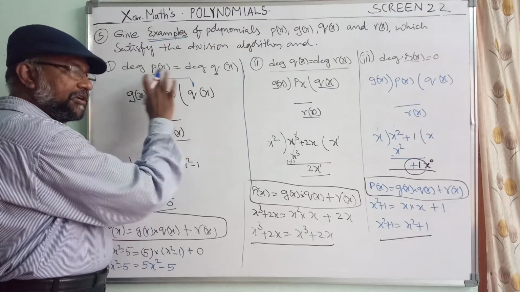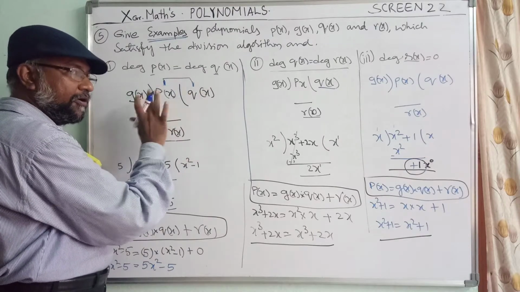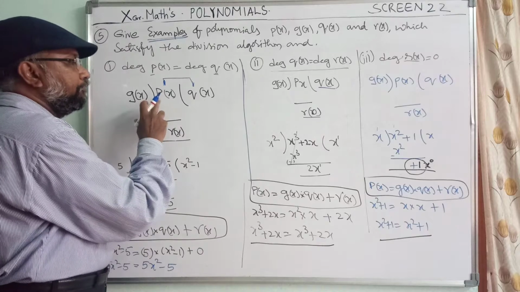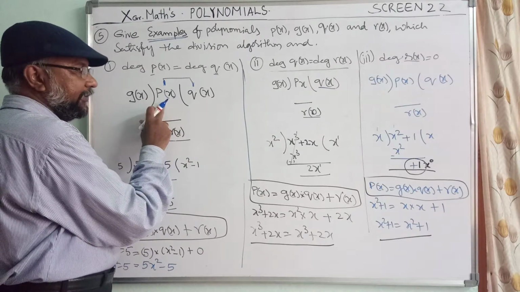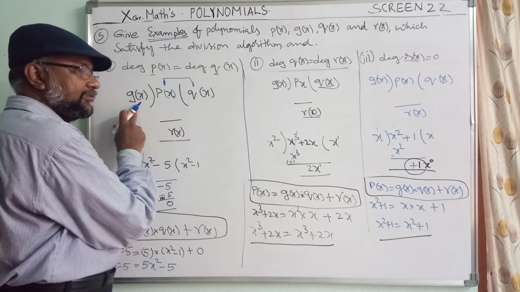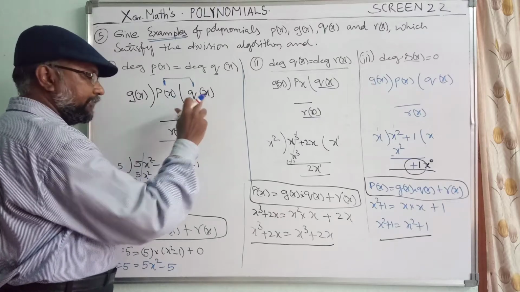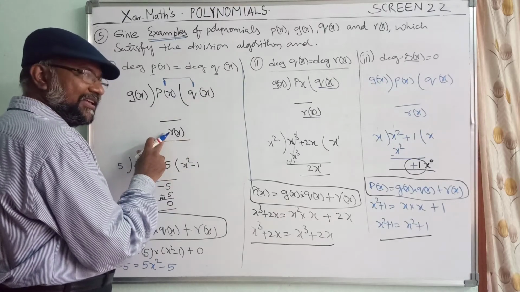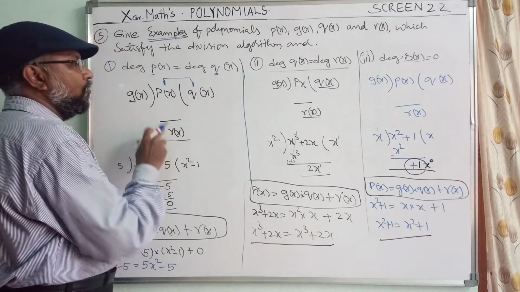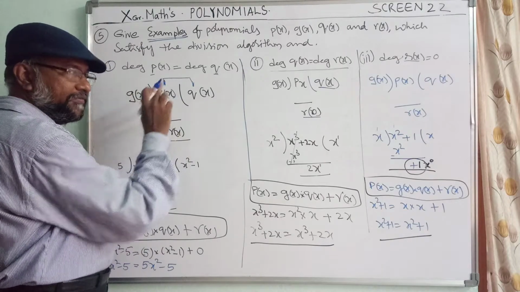Now this is the division picture, that means the format. P of x is a dividend, g of x is a divisor, q of x is a quotient and r of x is a remainder. So four parts are there in a division.